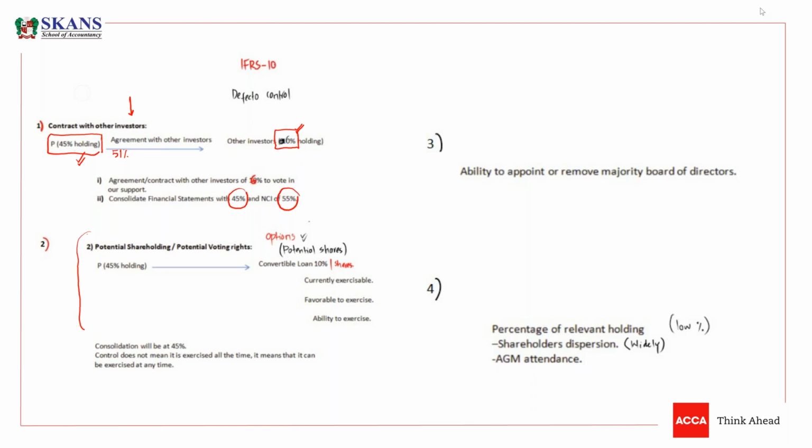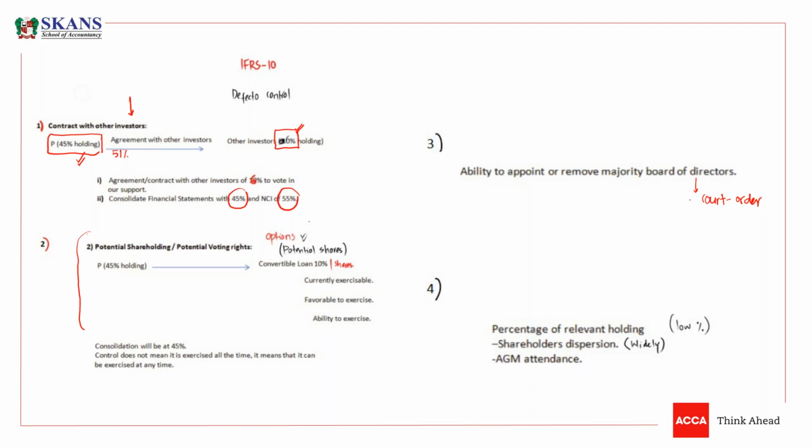Then, guys, the third situation is that you have the ability to appoint or remove the majority of the board of directors. Maybe by a court order, the other investors who have the majority were doing something wrong in the company, and we took a court order, and according to the court order, now we have the ability to appoint or remove the majority of the board of directors.